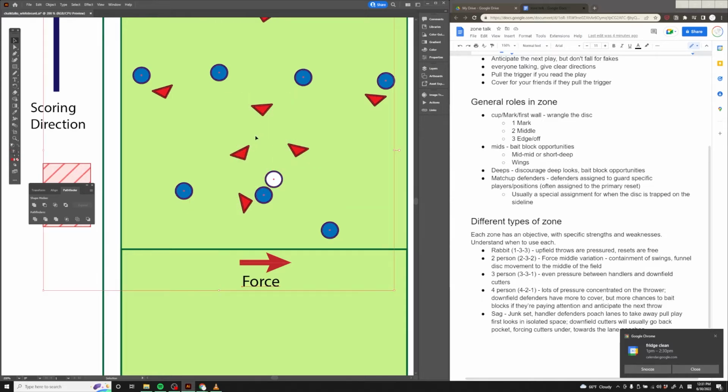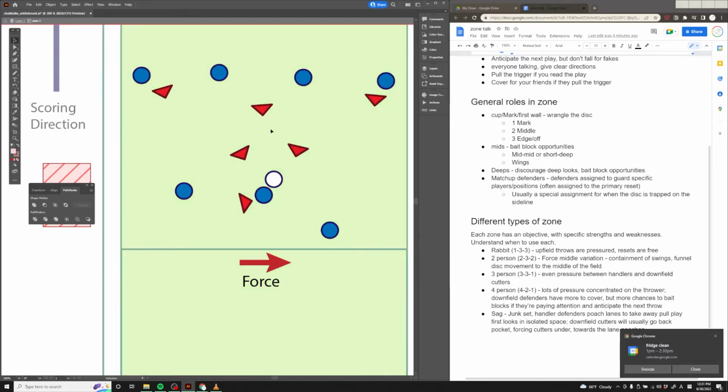The short deep can either choose to cover this space between these two defenders, or they can communicate, depending on where these cutters end up becoming active. They can direct the cup to shade more to the break side and cover this area.